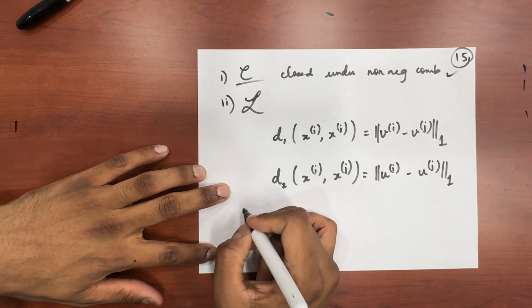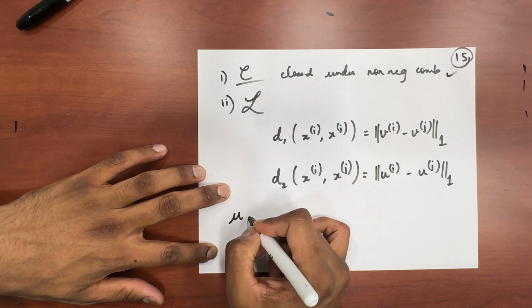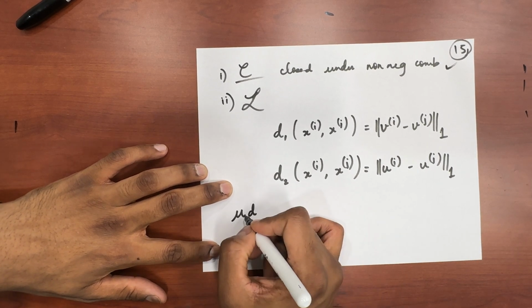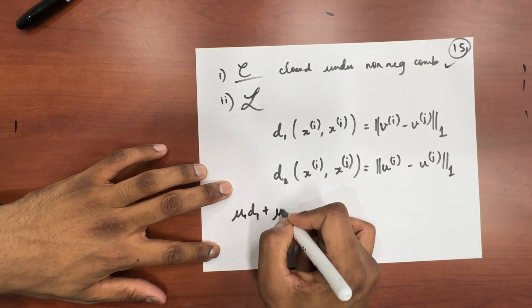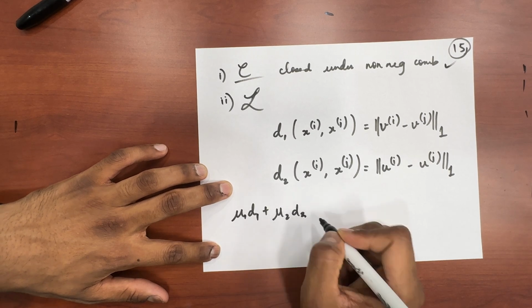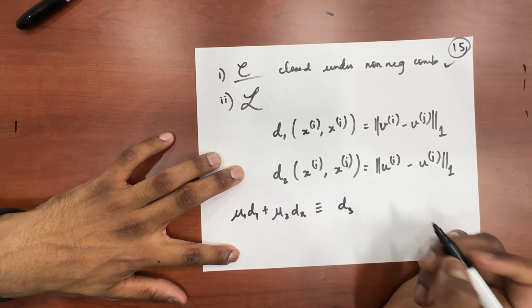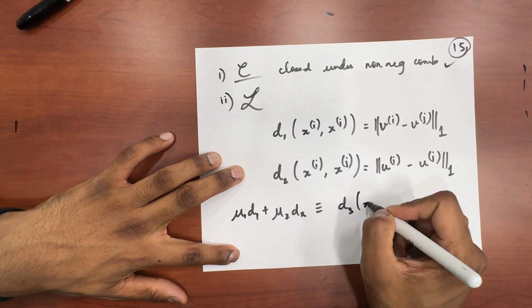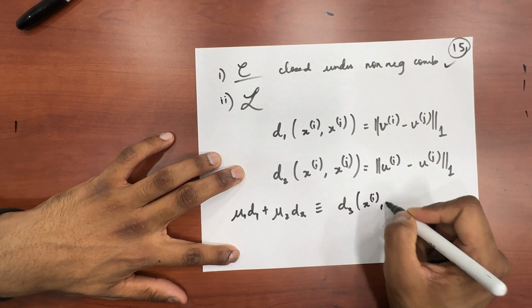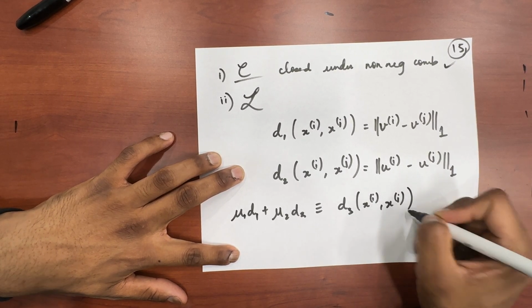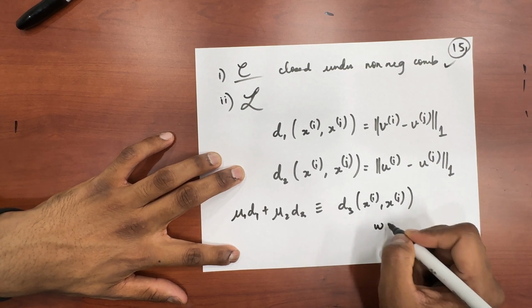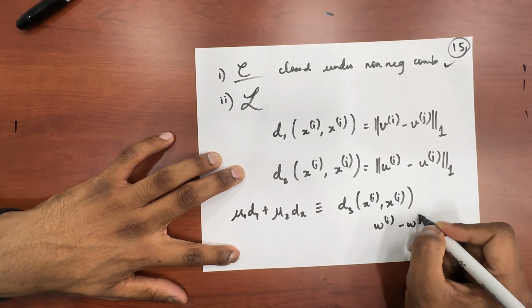Now I want to prove to you that a linear combination, mu1 d1 plus mu2 d2, is also a metric such that d3 of xi, xj maps to some other vector, let's say wi minus wj.